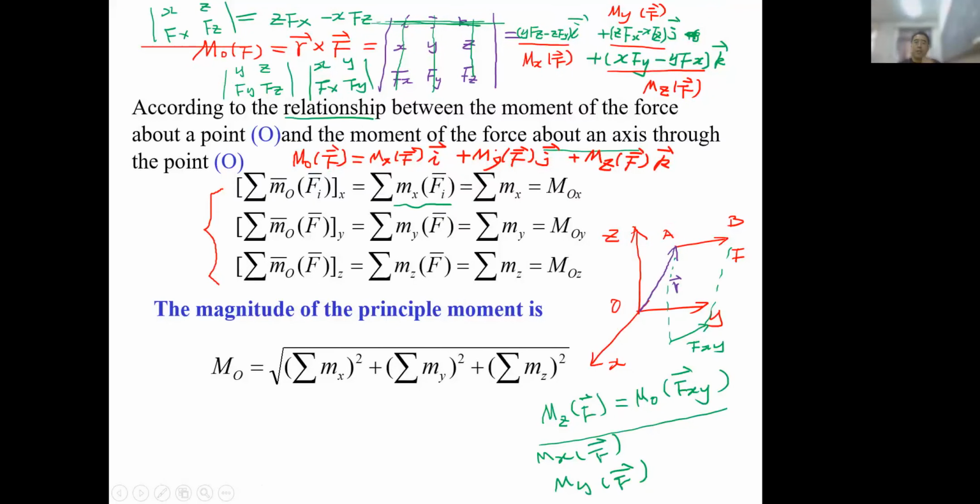You see? So this is a very useful conclusion.